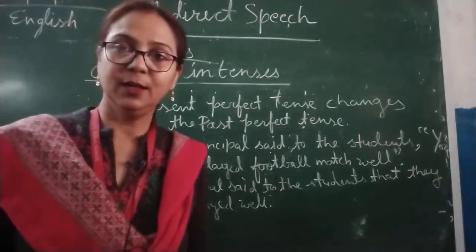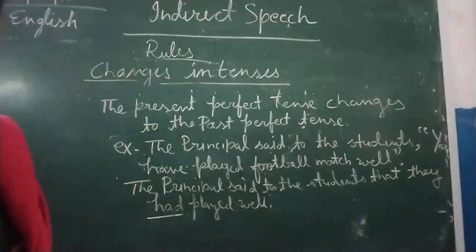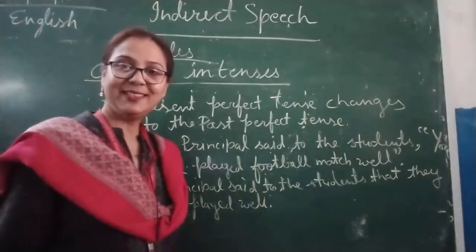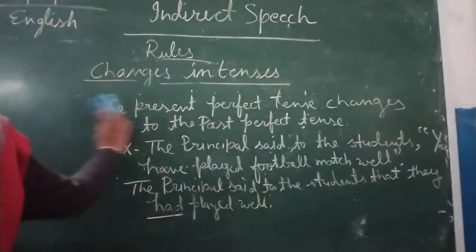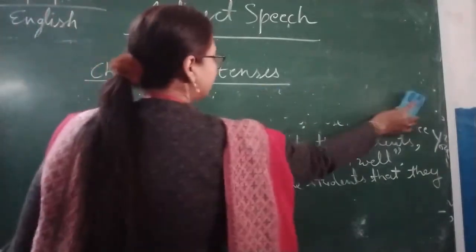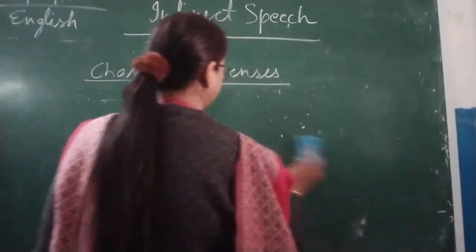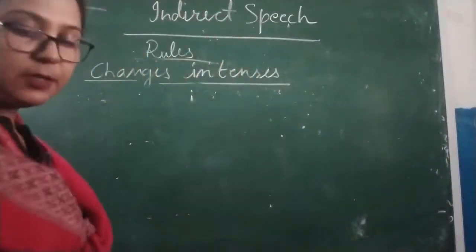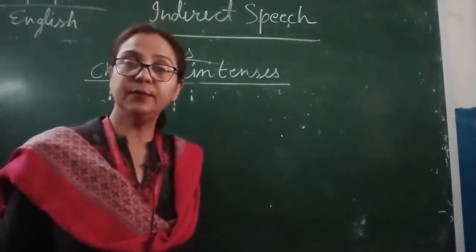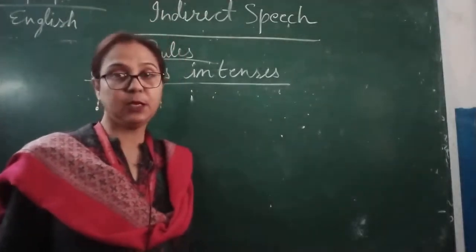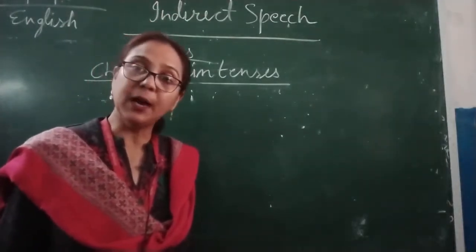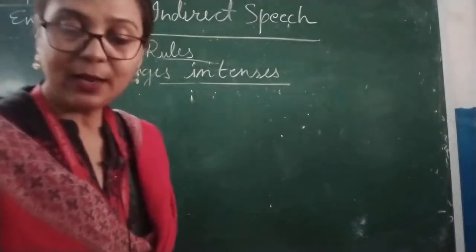Now children, we are going to learn a few more rules. If the sentence in direct speech is written in the past tense, then when we are making indirect speech, we will write in past perfect tense. So children, let's start.